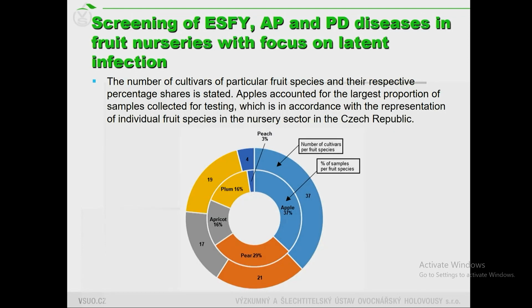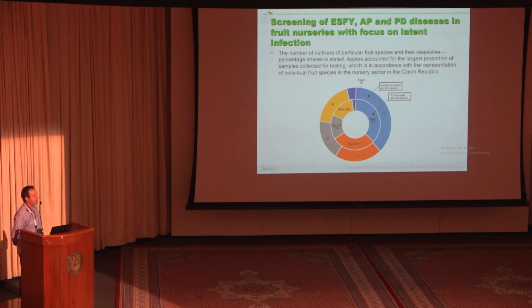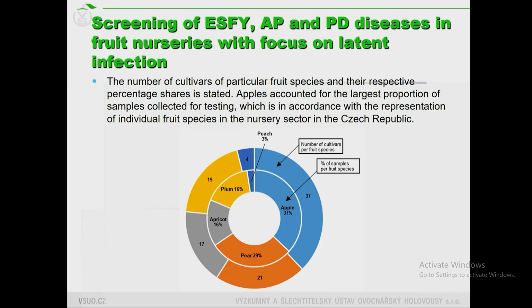This is the proportion of samples taken. The blue color is apple. The reason for such a big amount of apple samples is that concerning Czech fruit growing, apple represents 50% of acreage of intensive plantations in the Czech Republic. And when you take into account the commercial turnover, it represents even 75% of commercial turnover in the Czech Republic.